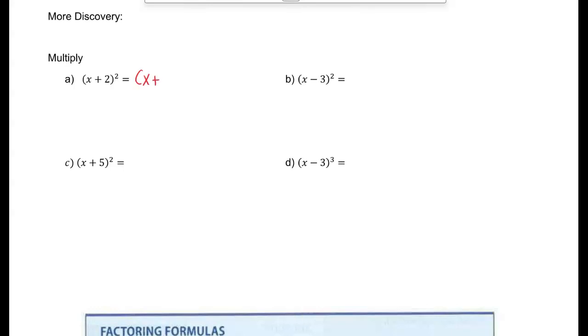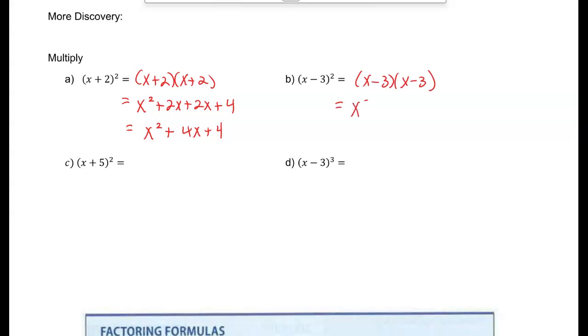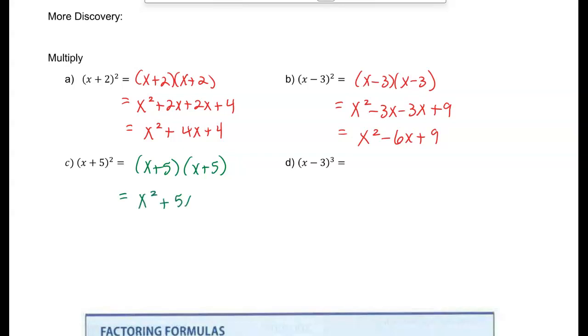Let you guys do it. I'm going to silently work up here. Be careful on the last one.